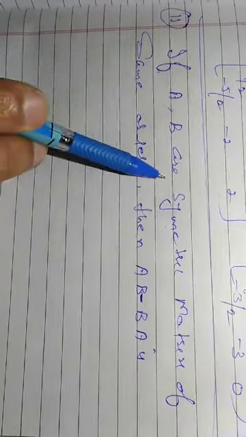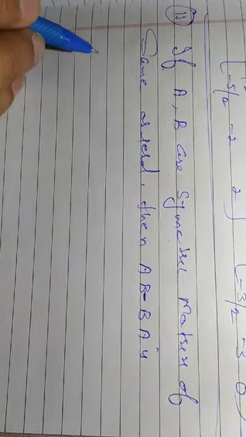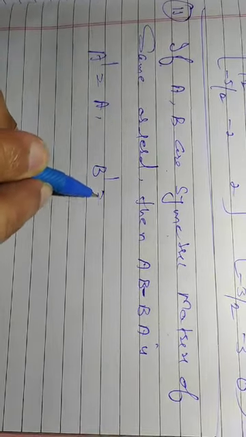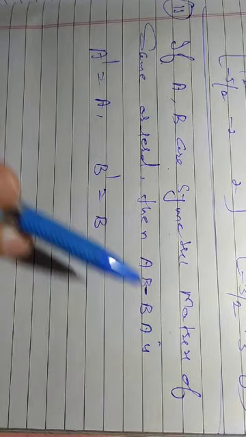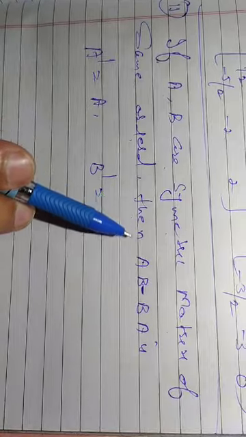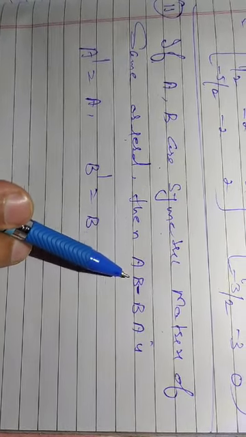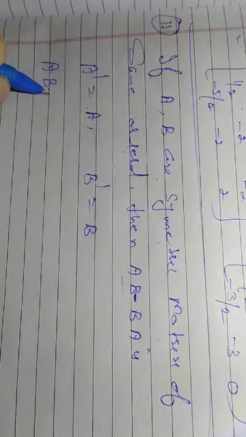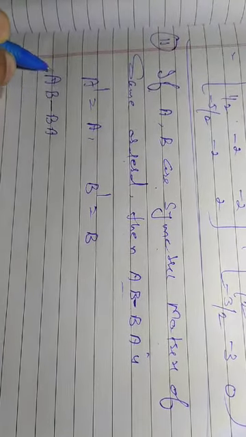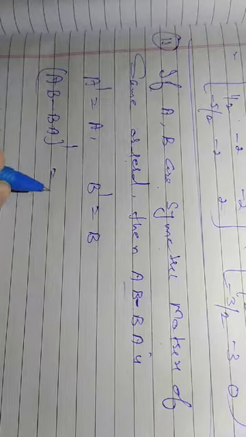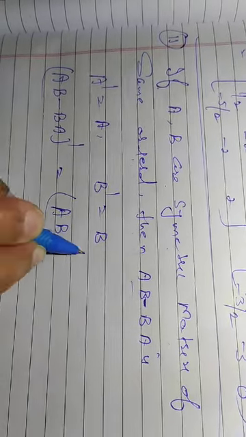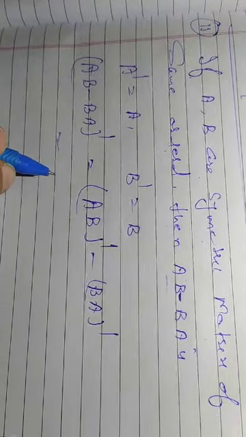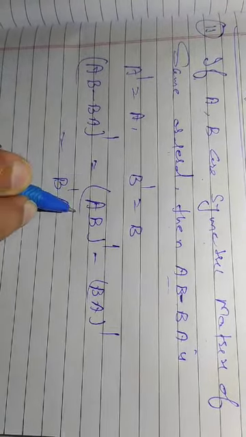If A and B are symmetric matrices, then A transpose is equal to A and B transpose is equal to B, of the same order. Then AB minus BA. We firstly take the transpose of this. It can be written as AB transpose minus BA transpose. AB transpose can be written as B transpose into A transpose.